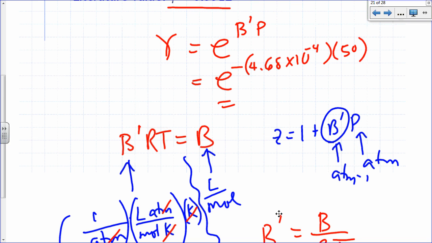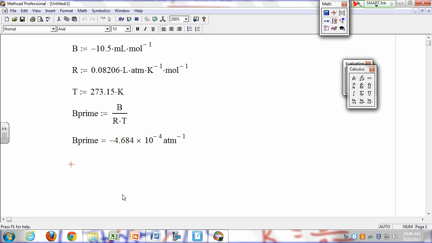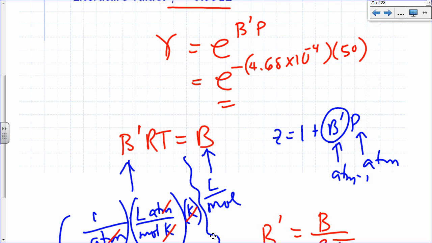So what would that be? E raised to the power B prime times 50 atmospheres equals 0.977. So you can see it's still really close to 1, still close to ideal.